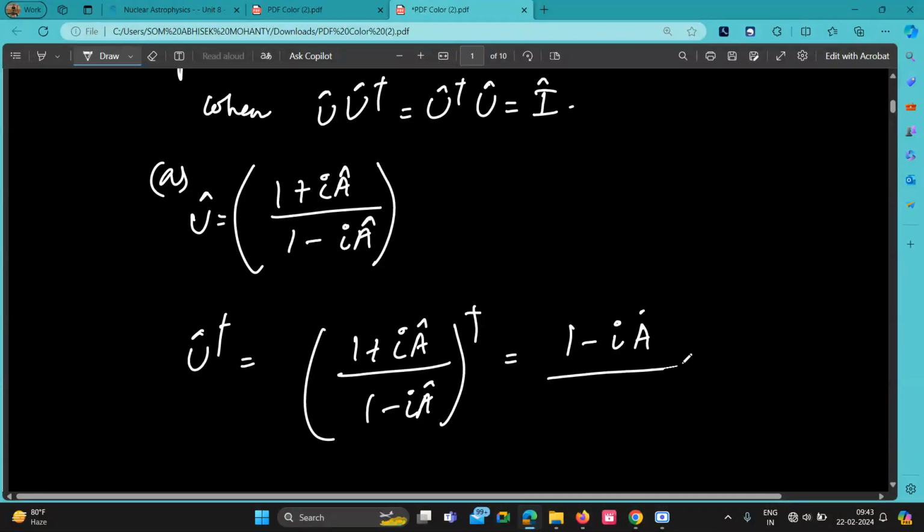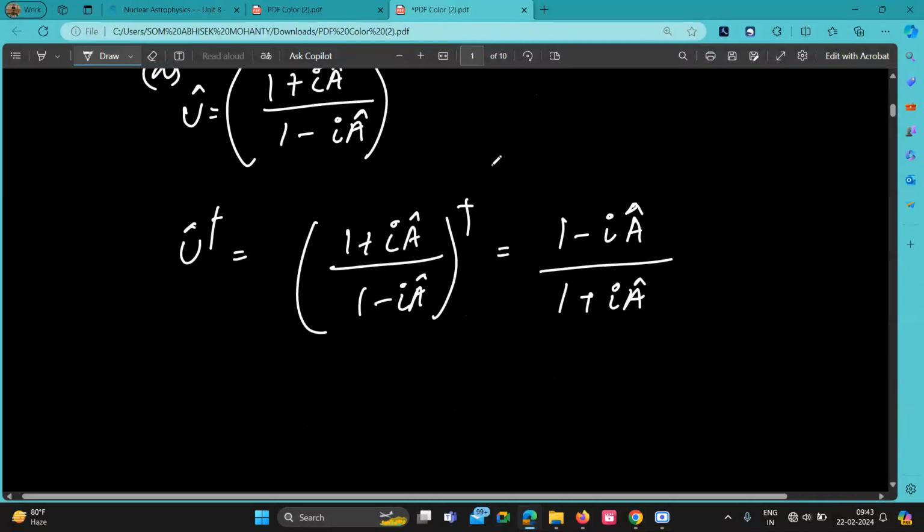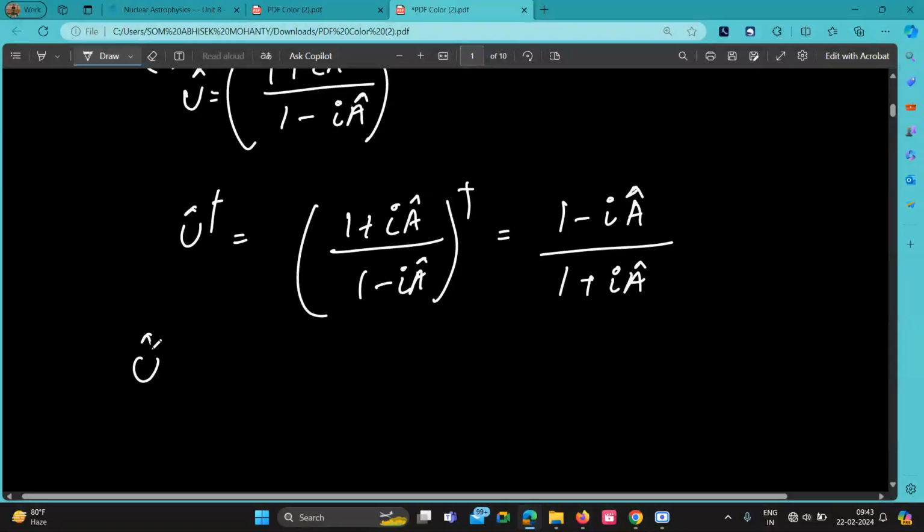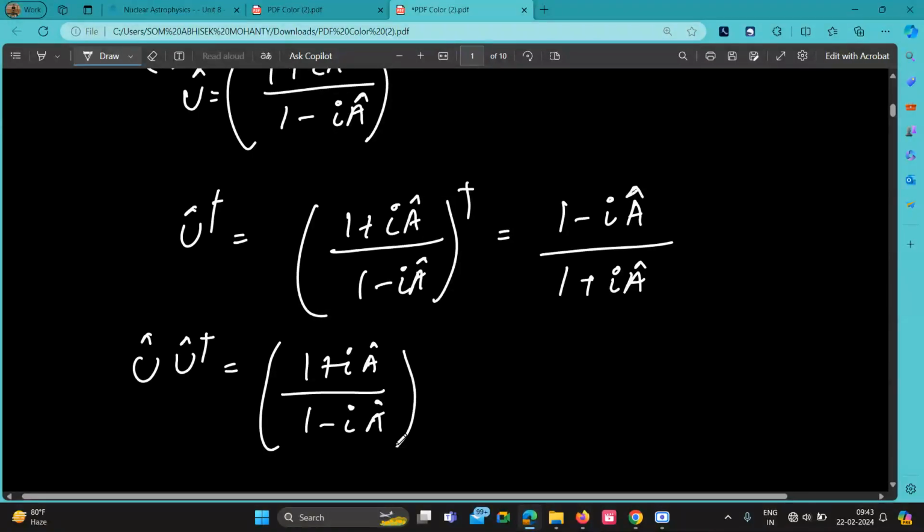Now we just have to multiply and check whether it becomes I. So U into U dagger is equal to (1 plus iA) divided by (1 minus iA) into (1 minus iA) divided by (1 plus iA).